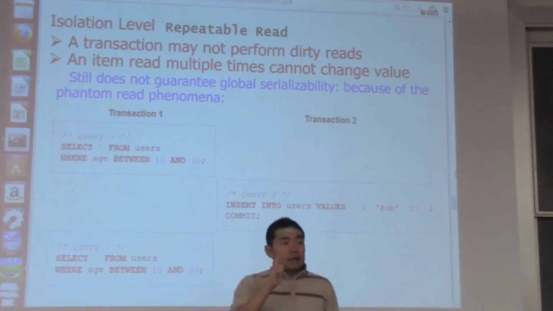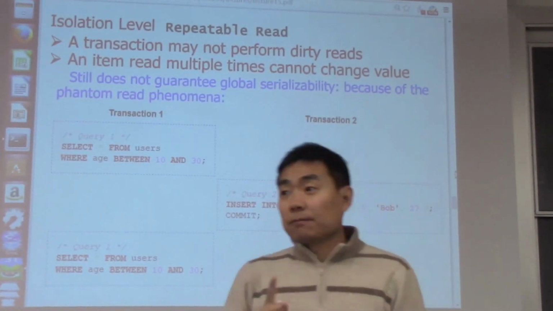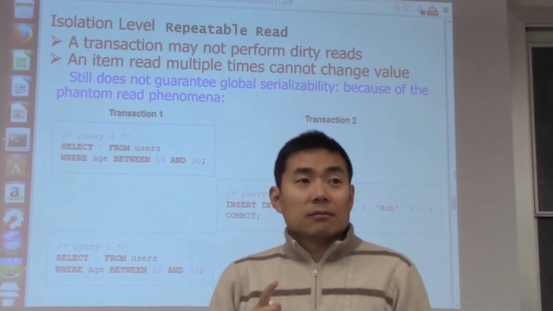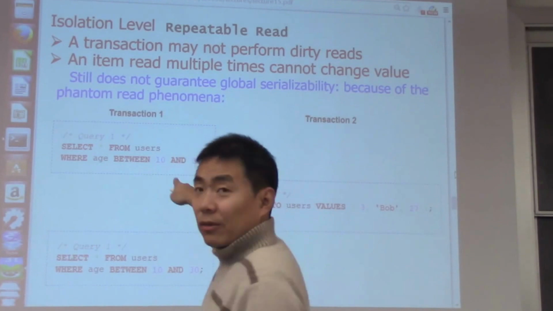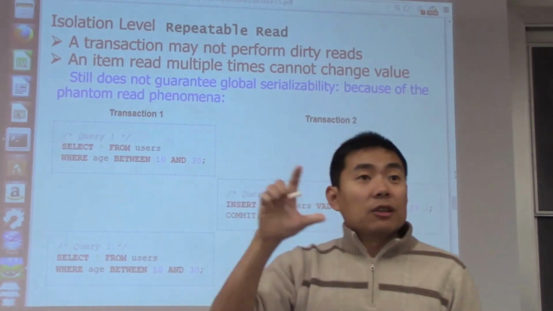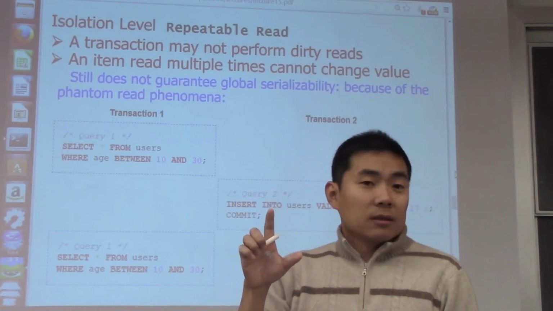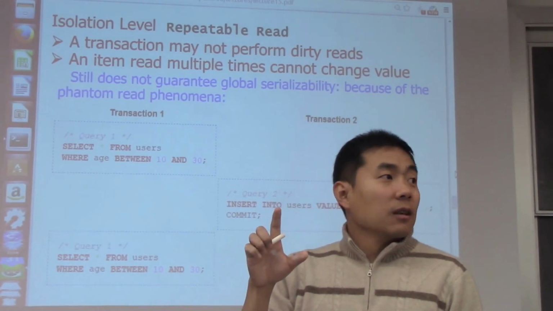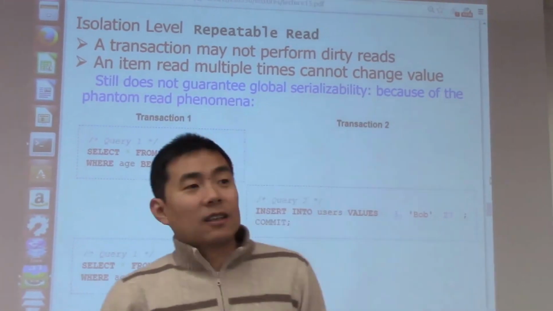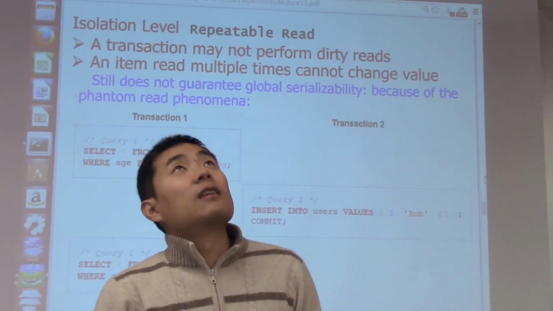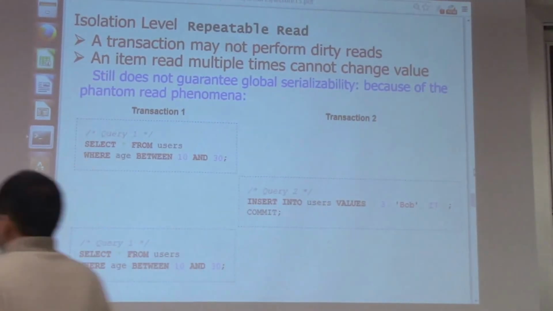First of all, let's check if this is in serializable isolation level. Can someone tell me whether this particular execution is in serializable isolation level? Yes, it is, because the other transaction is starting and finishing first, and then T1 is continuing.